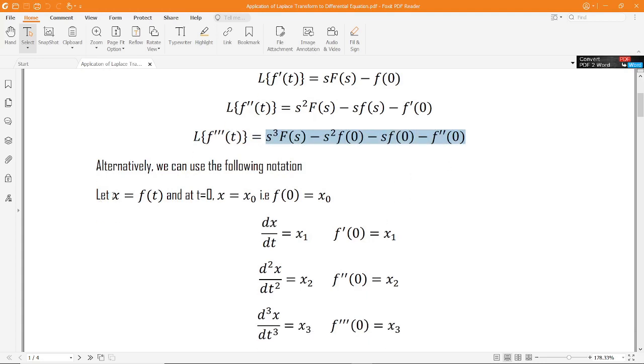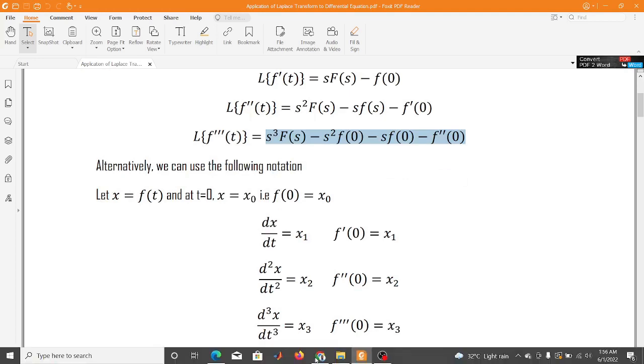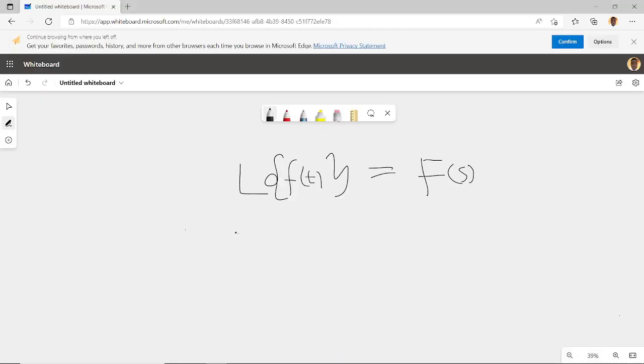So for instance, the function of time, that's f of t, let me just erase this. So the function of time is x. So at time equals 0, it is given that x is the same as x naught.